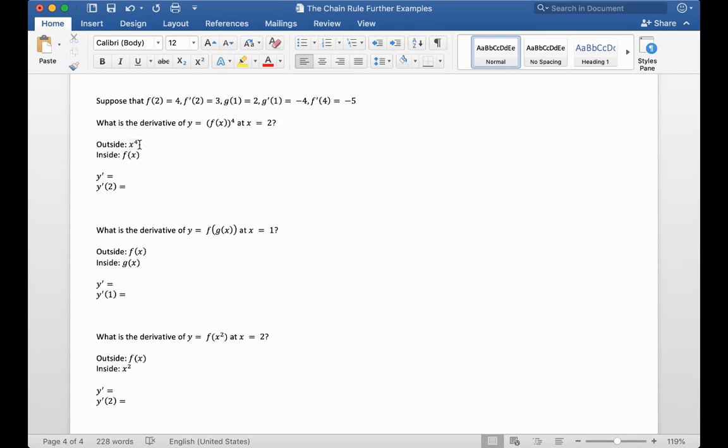The outside function is x to the fourth. The inside function is f of x. And what we're going to do first, before we try to plug in 2, is, remember, we don't stick the numbers in first because the derivative of the constant is 0. So we're going to take the derivative first and then plug in 2 and see what we get. And so we use the chain rule. It's the derivative of the outside function.